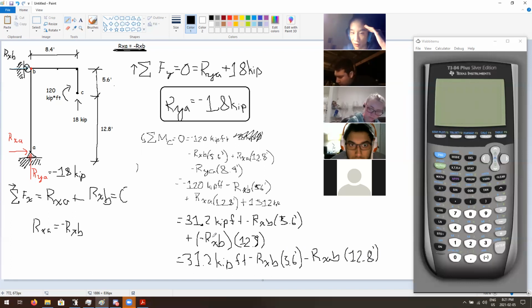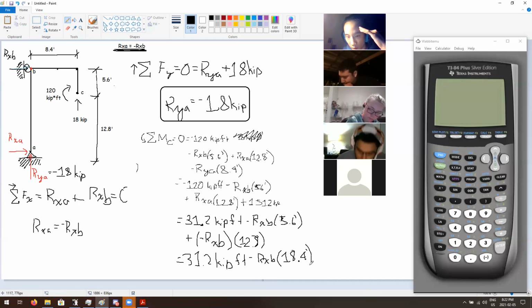What I did here was make this plus negative into a minus. So we can simplify that. It's just 31.2 kip feet minus 18 RXB times 18.4 feet.